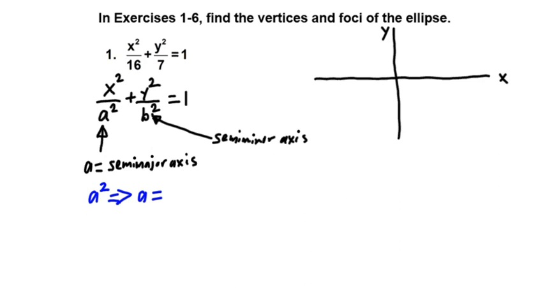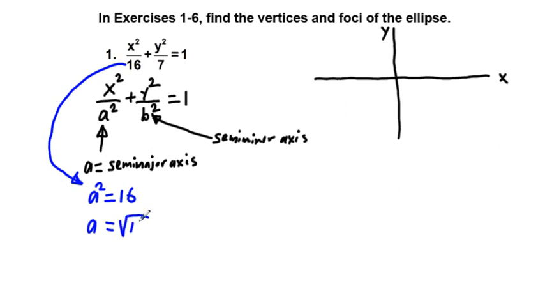Let me say, a squared is equal to 16, right? And 16 we get from up here. So a squared is equal to 16, and therefore a is equal to the square root of 16, which equals 4. It's not going to be plus or minus 4, because in geometry, for distance, we only use the positive.